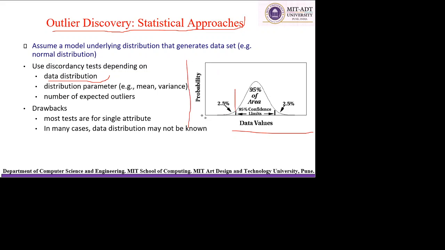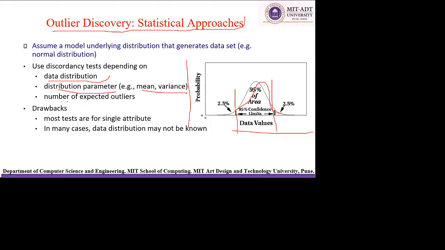So the 2.5% of data on this side and on this side of the curve do not have proper values, so they may be considered outliers, and the 95% of the area has the normal data behavior. For such a data distribution, we can use the mean, median, mode or variance. Mean and variance serve as the distribution parameters.